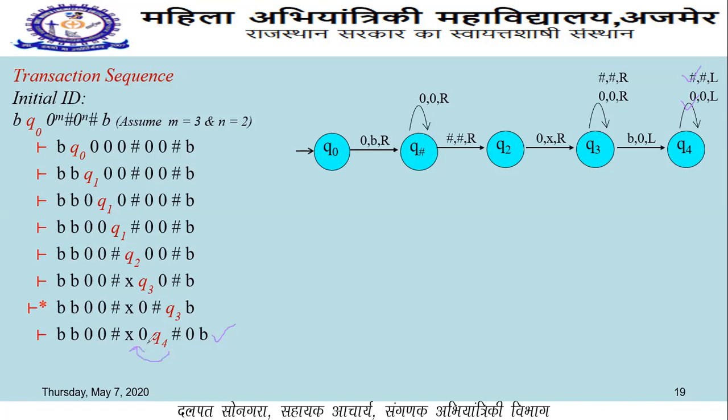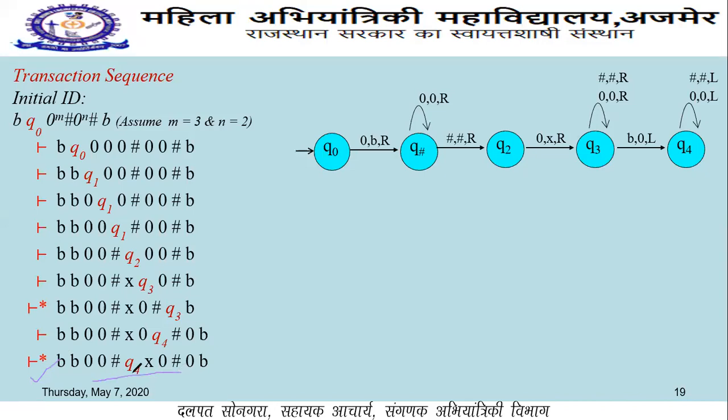Again we read 0, again we take a left turn and we come to this situation. So after applying these transition functions, after multiple transitions, we reach this situation.